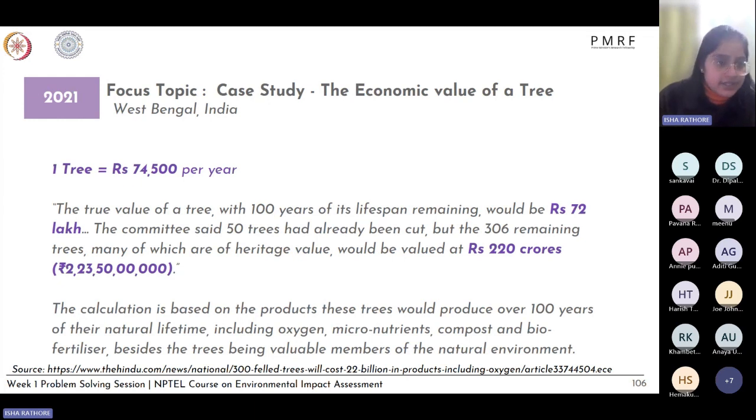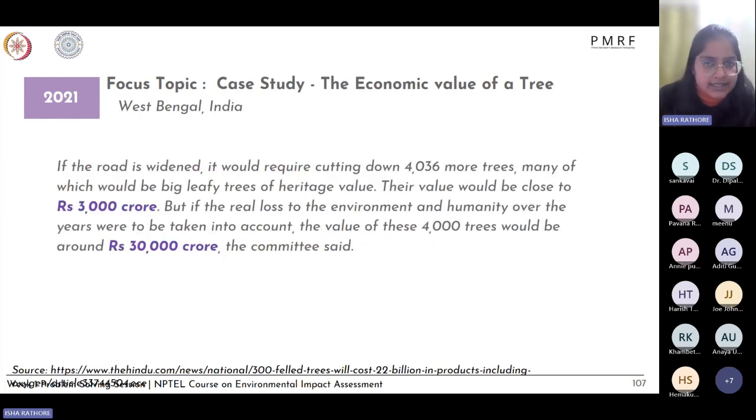Now, if the road is widened, it would require cutting down 4,036 more trees, many of which would be big leafy trees of heritage value. Their value would be close to rupees 3,000 crores. But if the real loss to the government and humanity over the years is taken into account, the value of these 4,000 trees, which would be additionally required if the road is to be widened further, would be around 30,000 crores, the committee said.